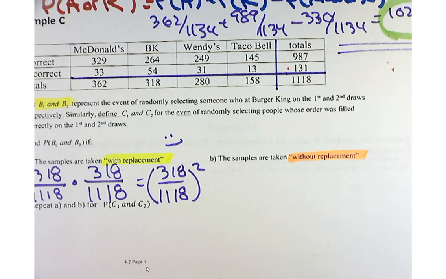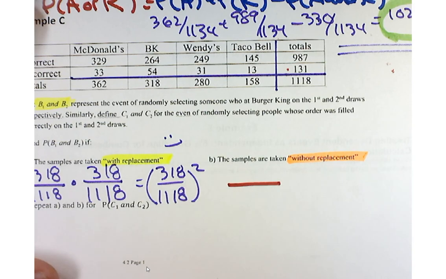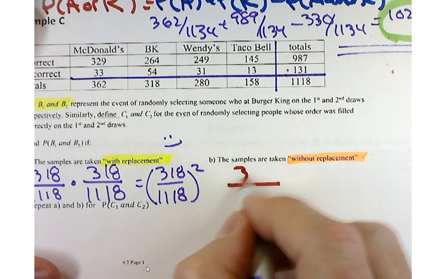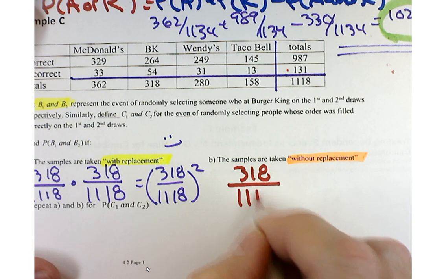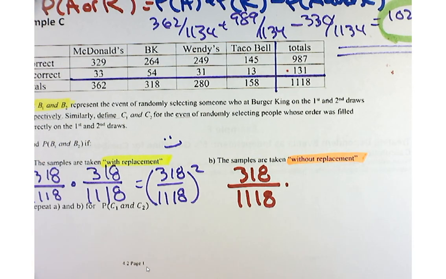How about without replacement? That's going to change things, at least a little bit, but not on the first guess. On the first draw, you're still going to have a 318 chance out of 1,118 people in this table. But suppose you did get lucky on that first guess, and you pulled out somebody that ate at Burger King.